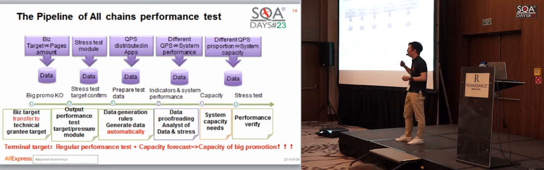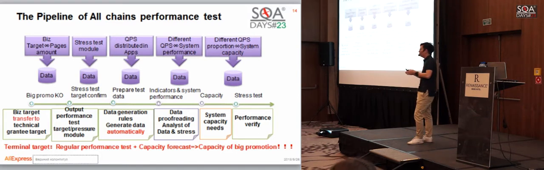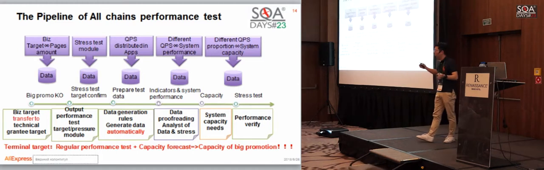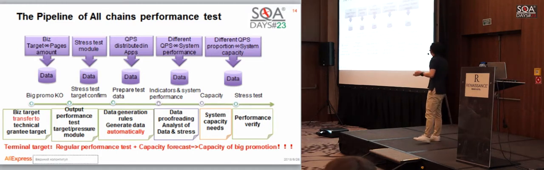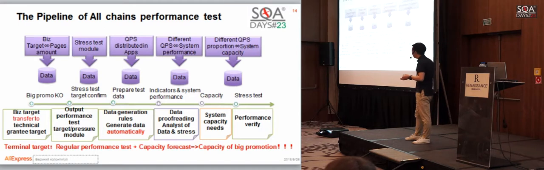If the capacity is not enough for the performance test, we need to expand the capacity first. Then we execute the strength test and the performance test to verify the performance.